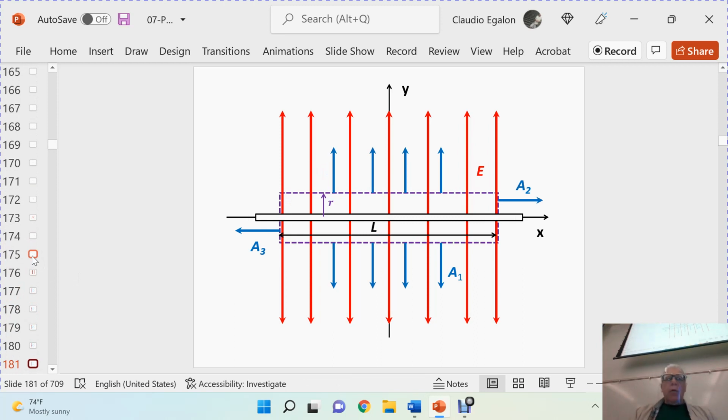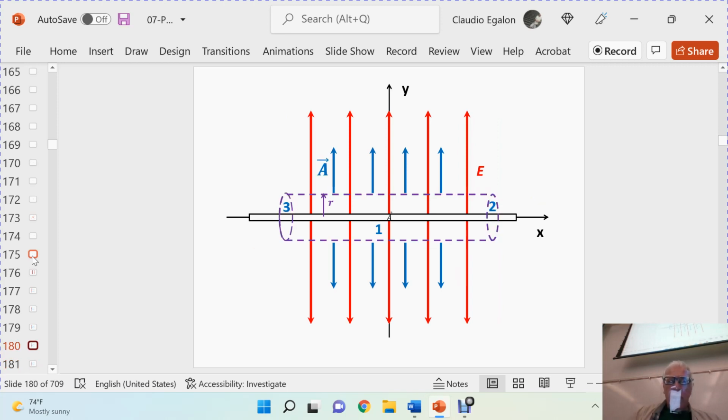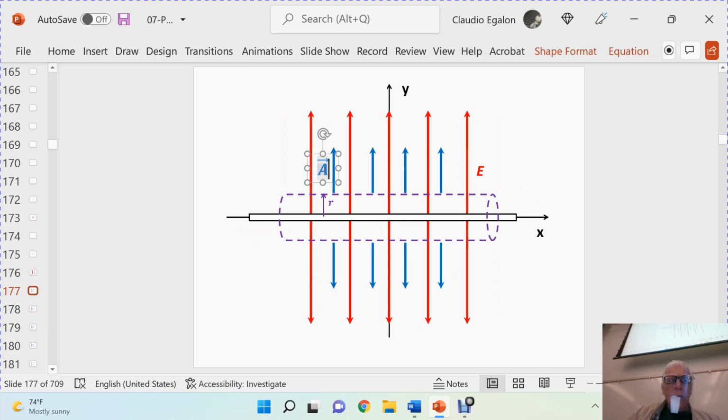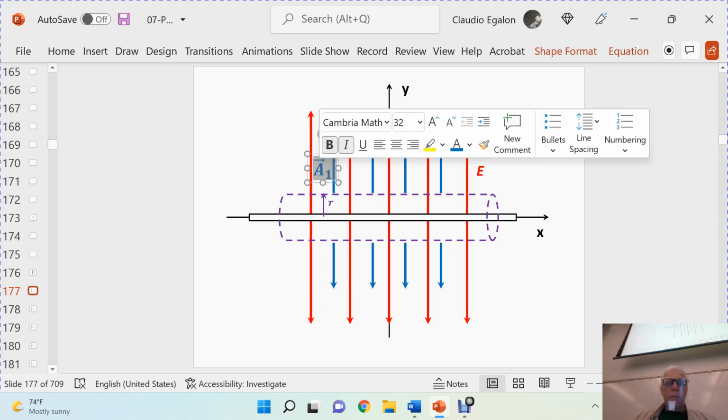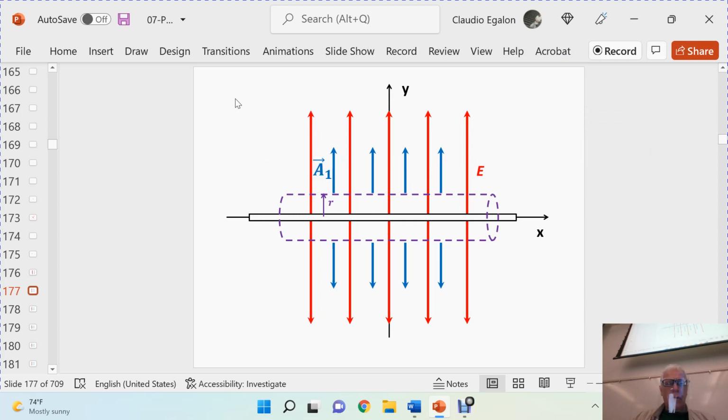We have to recognize that because we have three surfaces, there are two other surface vectors. The first surface vector, I'm going to label it A1, to distinguish from the others.